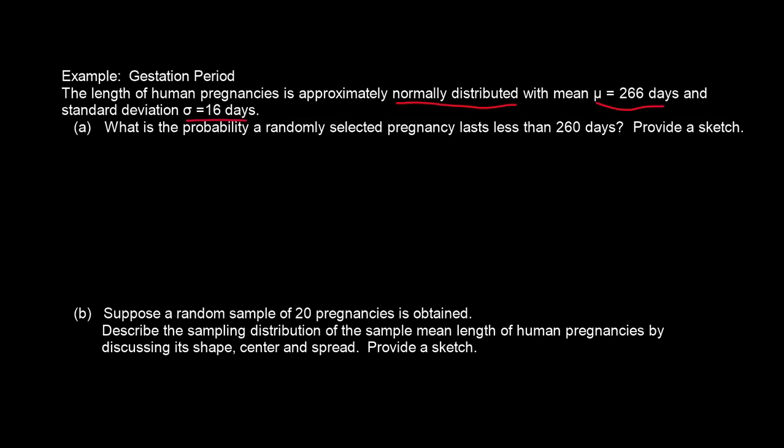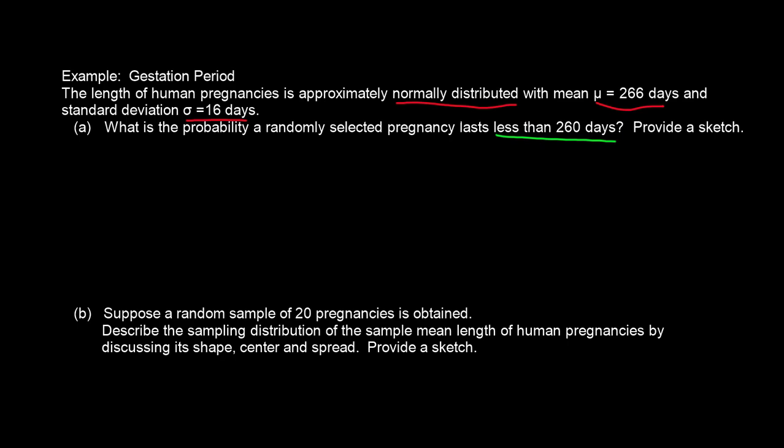So part A here, we are going to find a probability associated with a single pregnancy, a randomly selected pregnancy, and what is the chance that it lasts less than 260 days. And we're also requested to provide a sketch. Now the sketch is just to kind of visualize what we are doing.